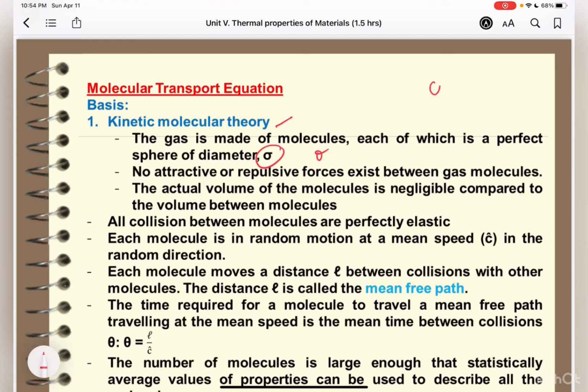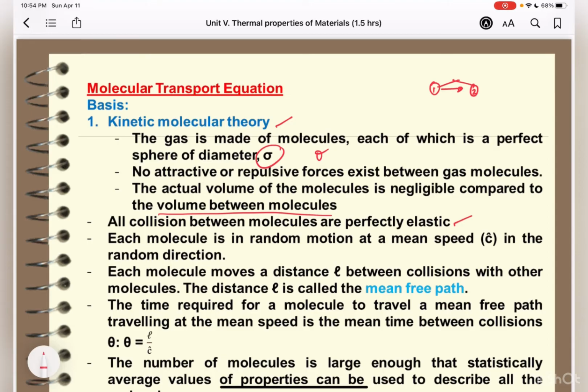If this is molecule 1, it bumps with molecule 2 since they're perfectly elastic. Even if they bump with each other, they have no attractive or repulsive forces. So the actual volume of the molecules is negligible compared to the volume between molecules.